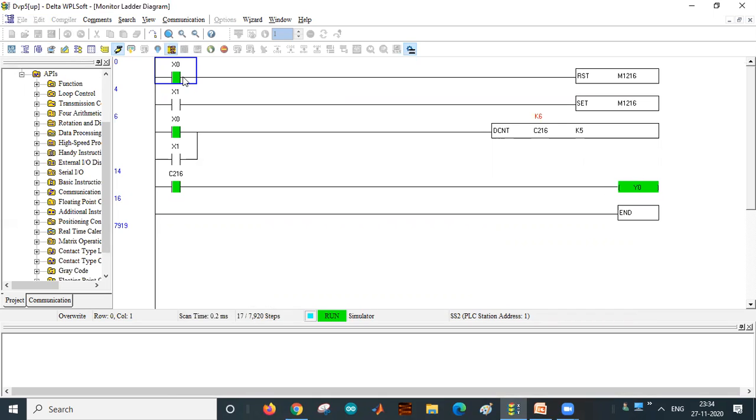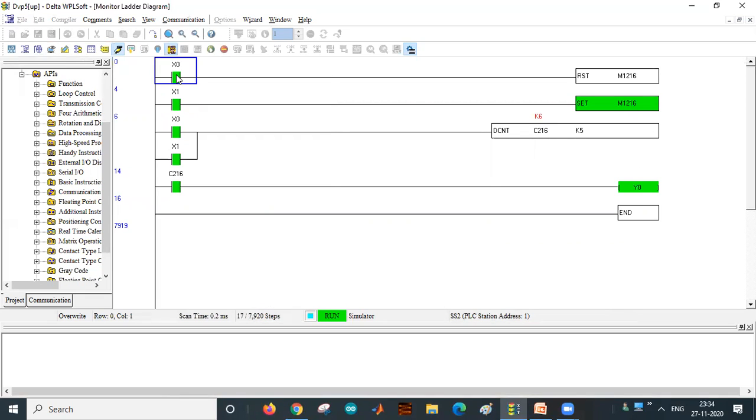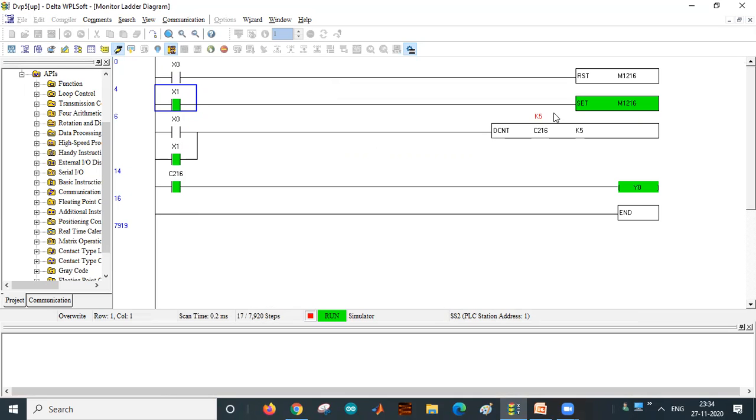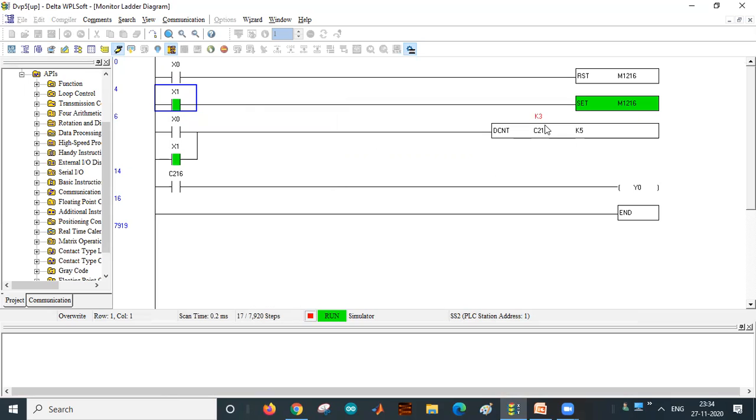Now if you want to decrement it, you have to press X1, or your photoelectric sensor at the exit has to detect the product. Whenever a product is detected by this photo sensor at the exit, the value will be decremented by 1. See here, it is coming to 5, then again 4, again 3, like that.